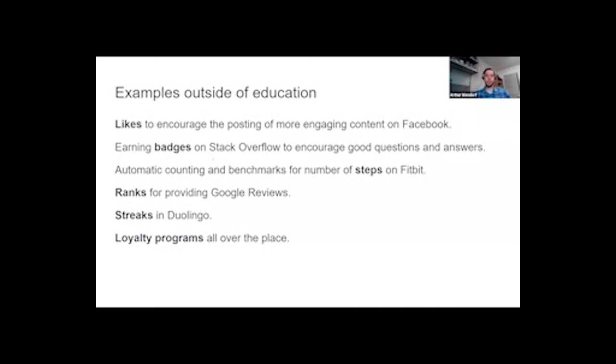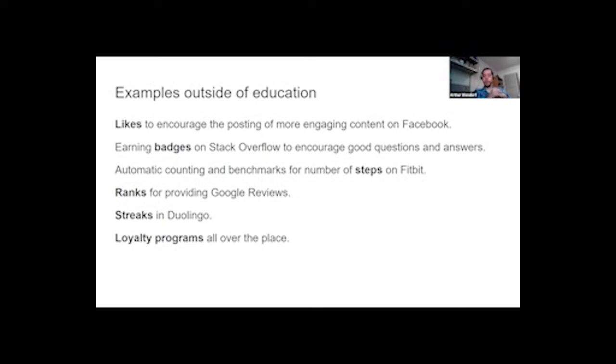Automatic counting and benchmarks for number of steps in Fitbit. Steps have value, they give us exercise, but by adding this counting and these benchmarks, we feel a greater desire to do steps and to do more steps. Ranks for providing Google reviews, right? If you have posted Google reviews, you'll know that after you post a certain number of reviews, then you level up and then you get a new rank.